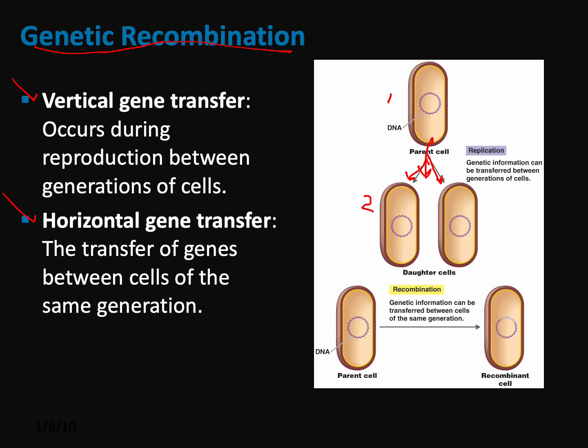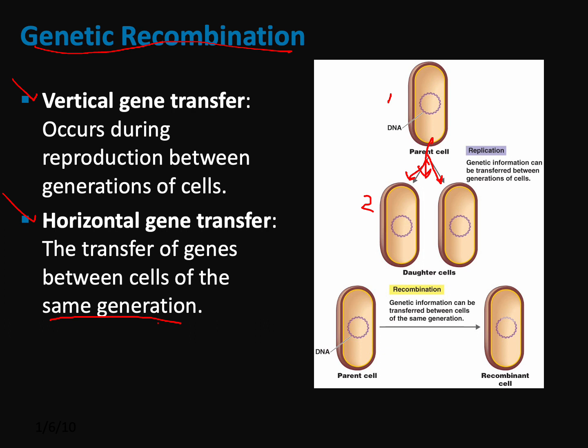Horizontal gene transfer, on the other hand, is not transferring genetic material from one generation to another. It's actually happening, you can think of it as the same generation. So it's happening between organisms of the same generation, not transferring by dividing to create a new generation.